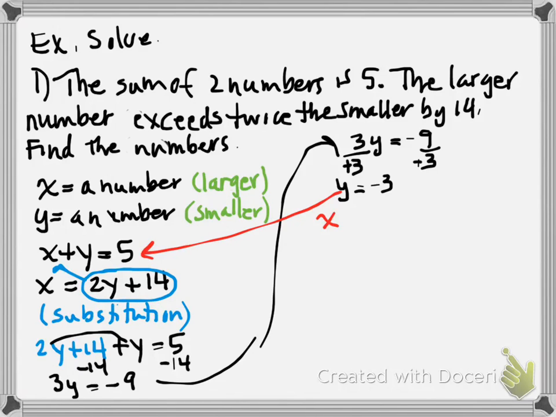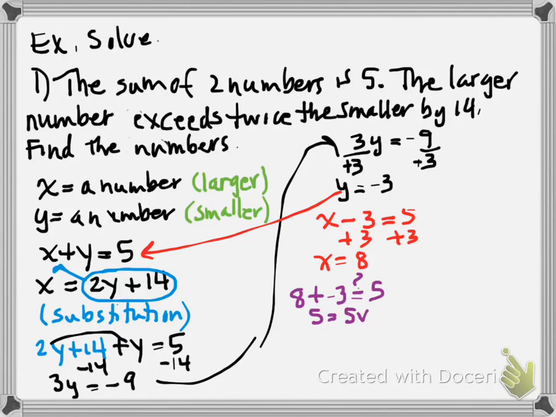So I have x plus negative 3, which is x minus 3 equals 5. Add 3 to both sides, and we get x equals 8. Now remember, I don't write this as an ordered pair, but I still am going to check because I want to make sure that I'm not making any dopey mistakes. So, does 8 plus negative 3 actually equal 5?